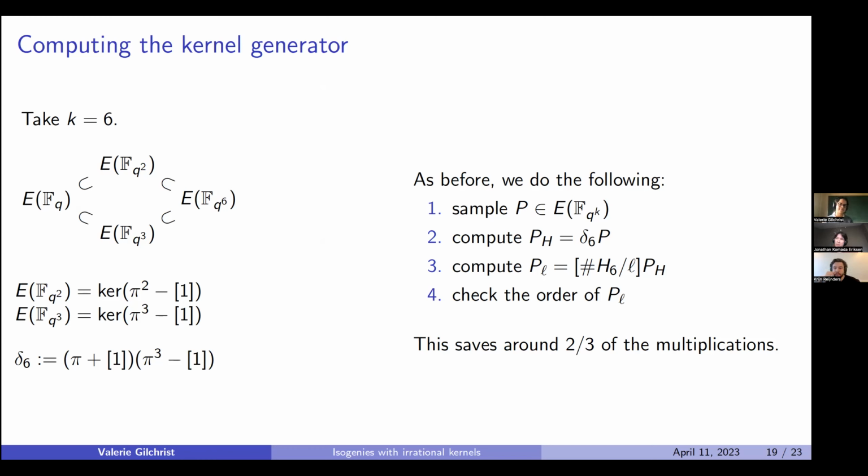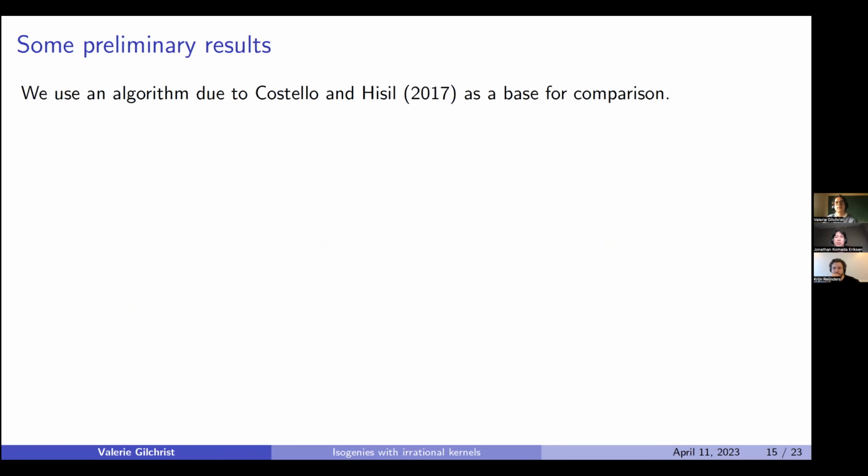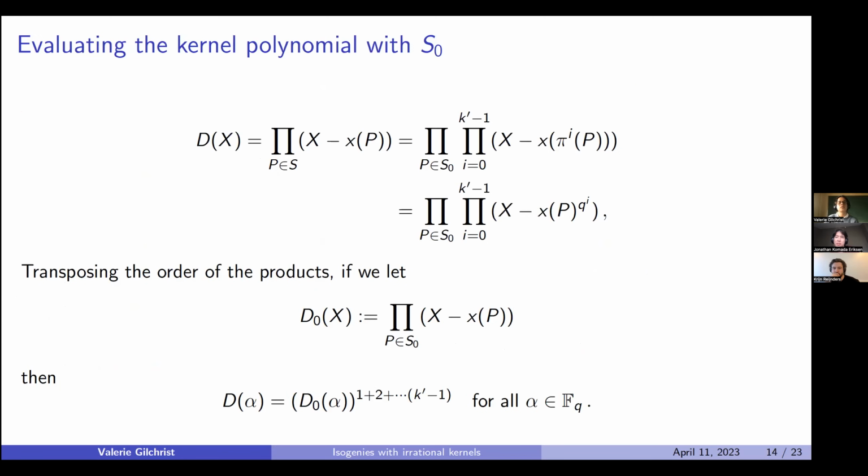Could you also maybe pre-compute the Frobenius action if you work over a fixed field? Does it work on the generators? Sorry, going back to the slide. Because you're dealing with different alpha, I'm not sure. Is this the slide you're referring to?